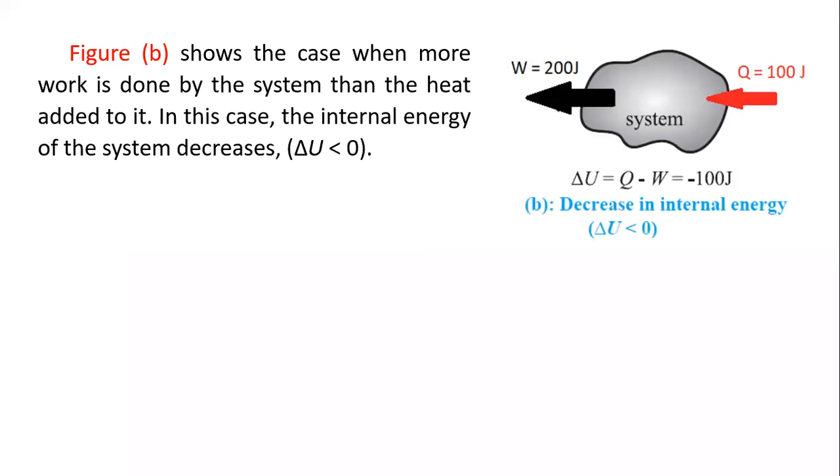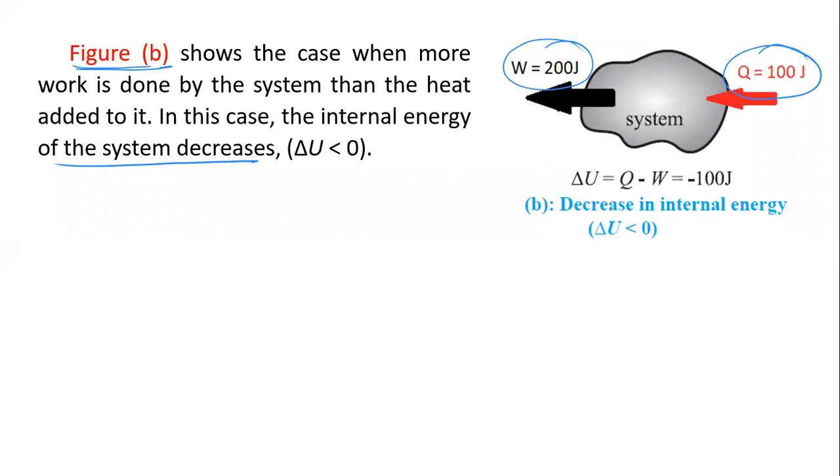Now see figure B. Figure B shows the case when more work is done by the system than the heat added to it. In this case, the internal energy of the system decreases. Heat added is 100 joule and the system uses 200 joule to do work.